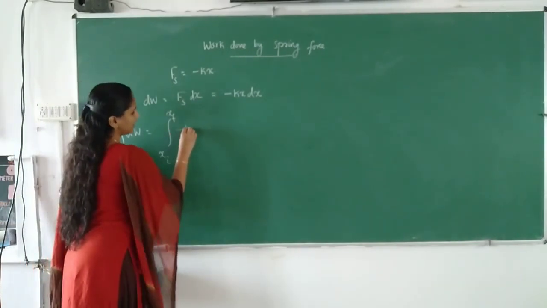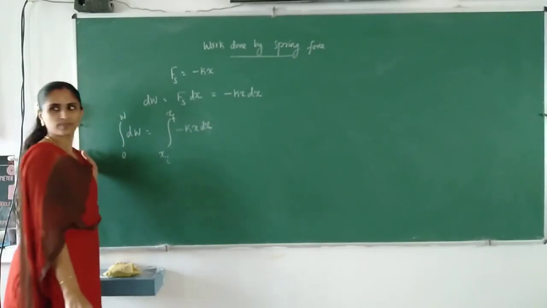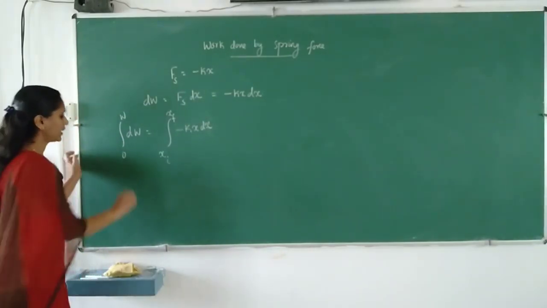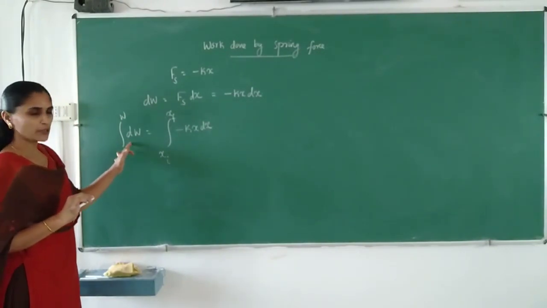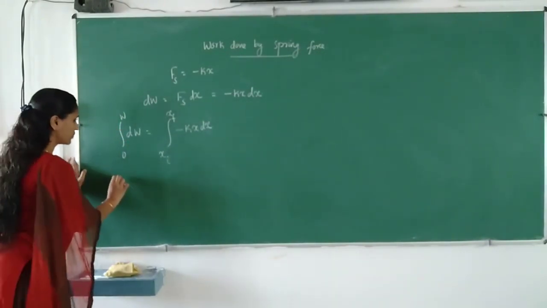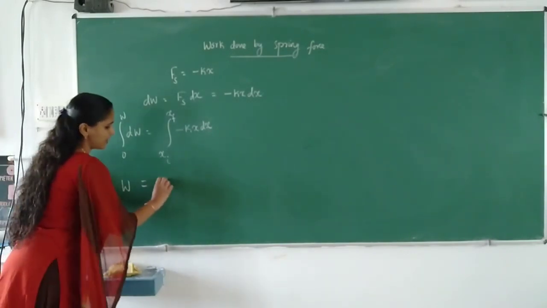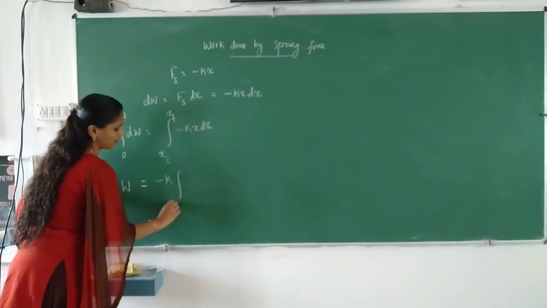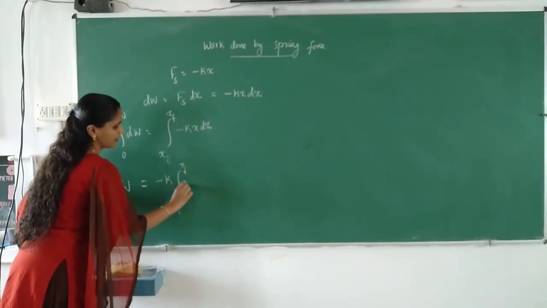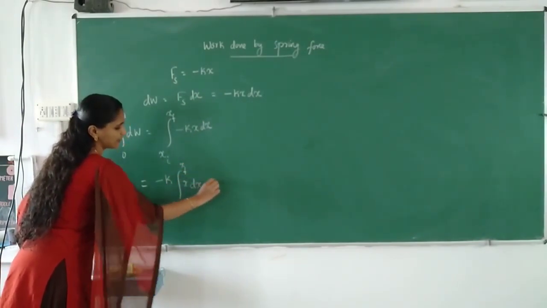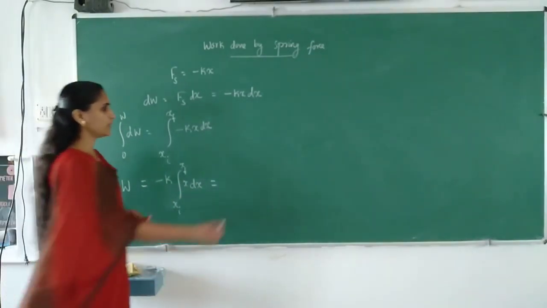If you integrate dw, you will get W, and applying the limits, the total work W is equal to minus k into the integral from xi to xf of x dx. What is the formula?